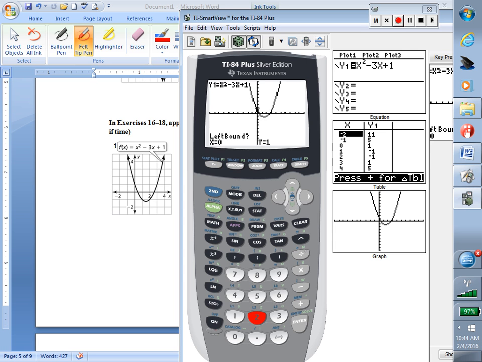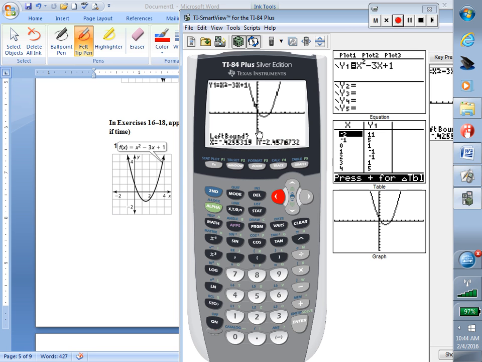So right now I'm going to arrow a little more left so you can see it better. Here's the point I'm trying to find, the x-intercept, and my cursor is to the left of it. So make sure you move your cursor so it's to the left. It doesn't have to be on the exact point I have. It just has to be over to the left and blinking.